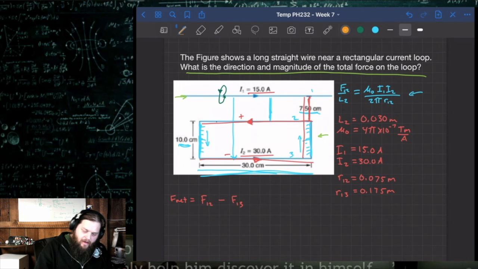Now writing that out using our equations, we can solve for these.